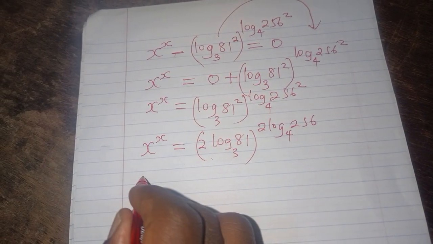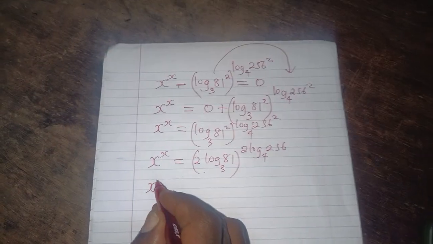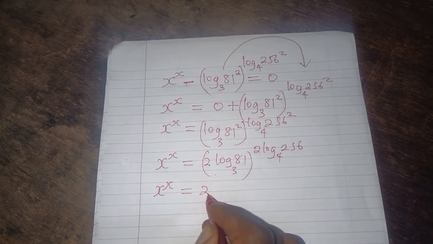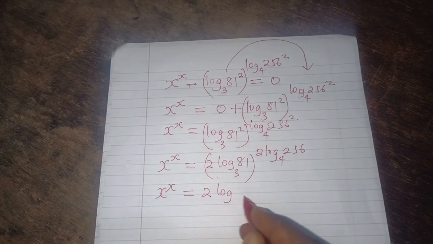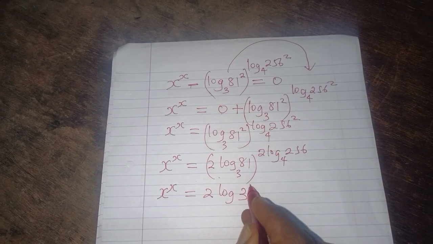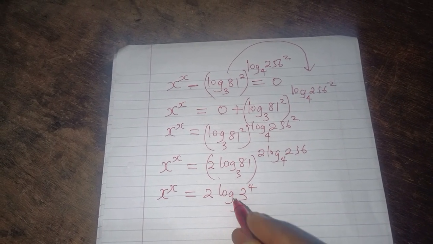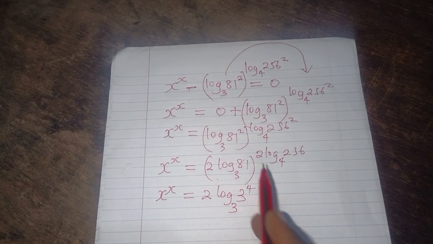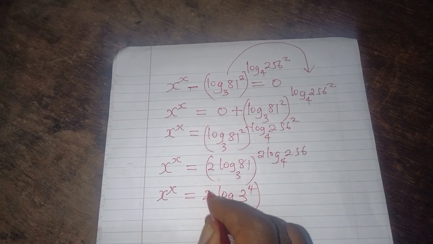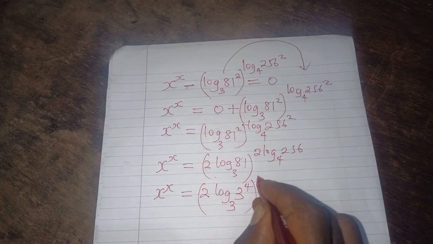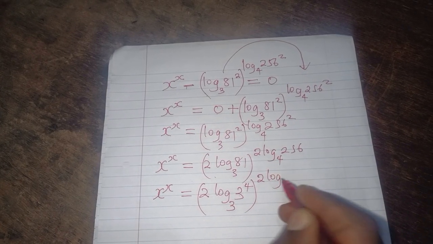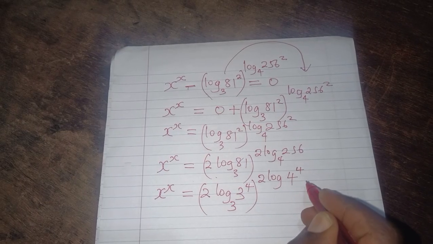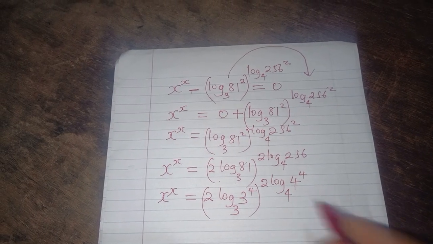So we shall now rewrite and say x power x is the same as 2 the log of 3 power 4 to base 3. That is very correct, because 3 power 4 is 81, and this should be raised to 2 the log of 4 power 4, and this is to base 4.